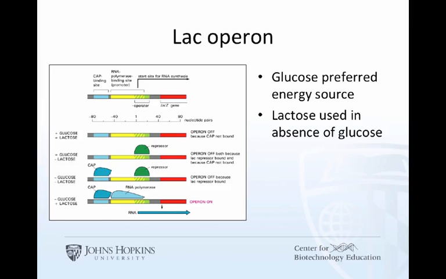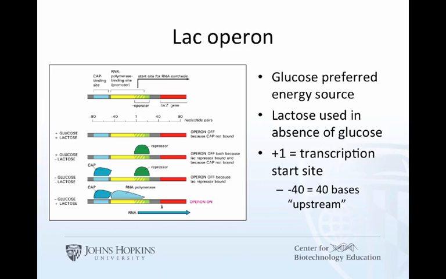But if there's no glucose to be found, they'll deal with lactose. So they have to find a way to turn on the genes involved in lactose synthesis. This describes some complex regulation and shows what's called the regulatory region of the gene, or in this case, the operon. That's the term for the multiple genes on a single mRNA.